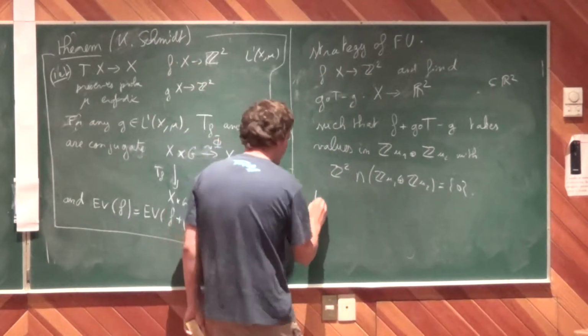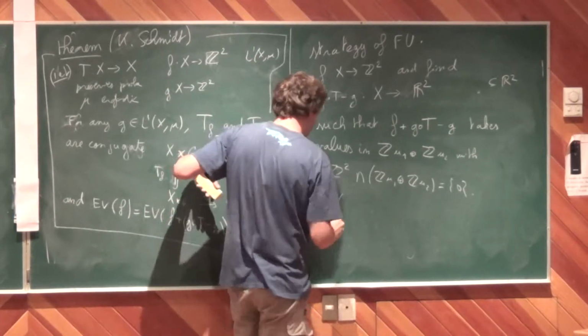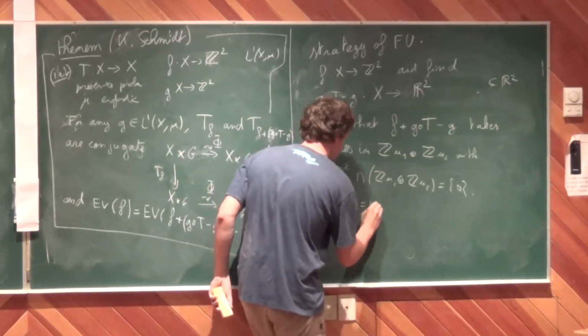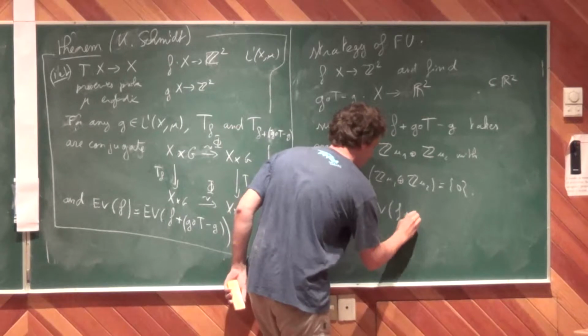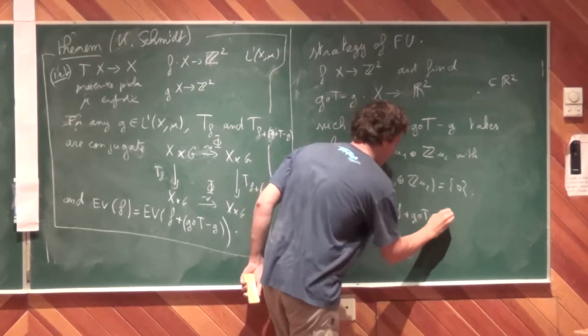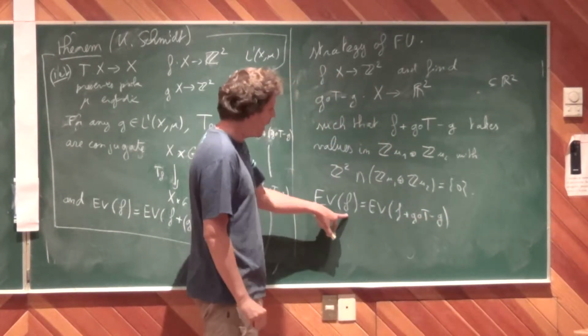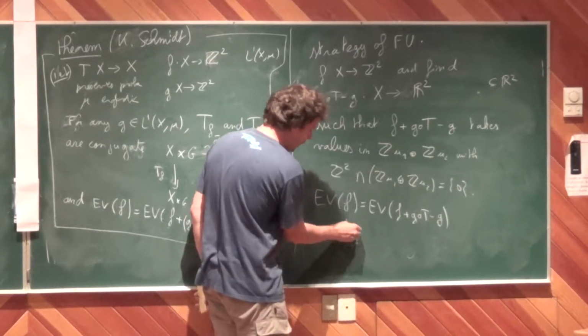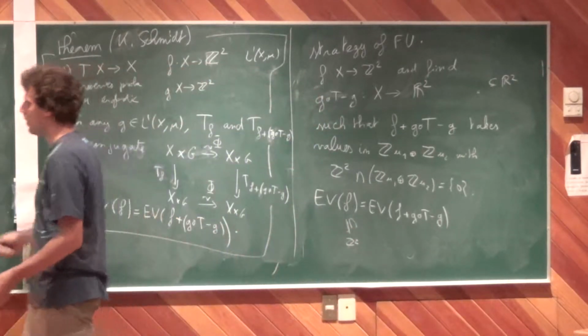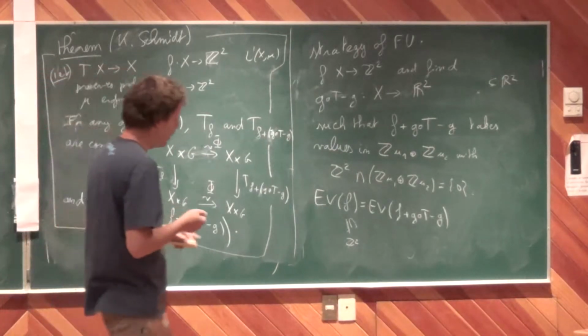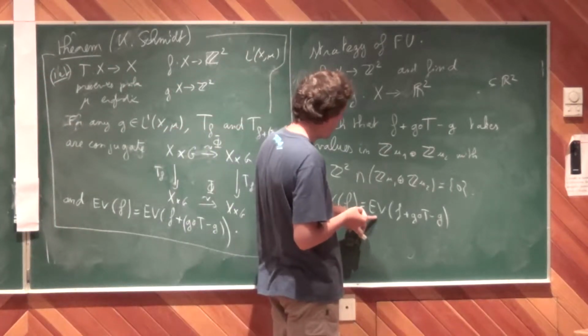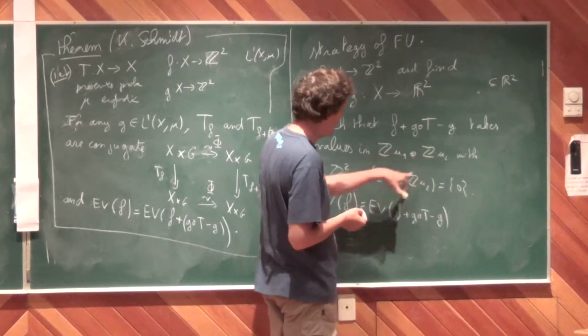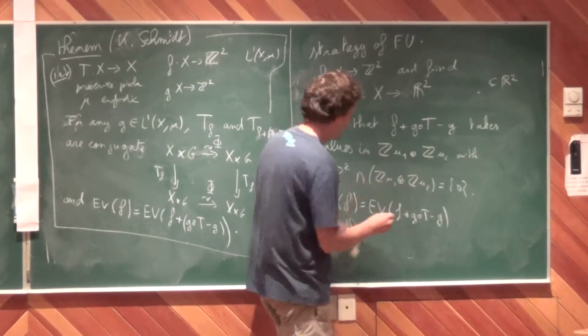So now I apply the theorem which is here, and the essential values of the two are the same. But this one takes values in Z2. So the set of essential values should be contained in Z2 by definition. But for this one, all values are taken in something which is completely unrelated to Z2, which is Zu1 plus Zu2.